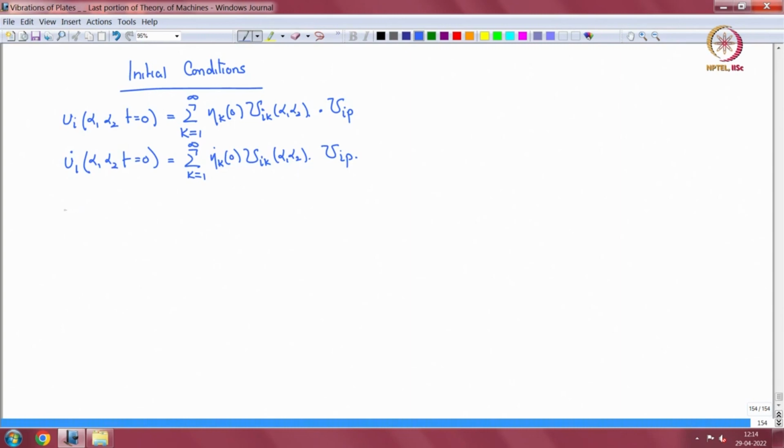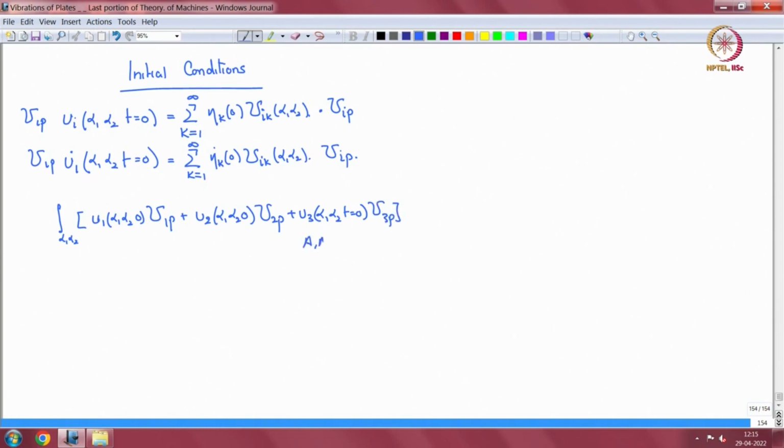We get integral alpha 1 alpha 2 of u1 alpha 1 alpha 2 at 0 times u1p plus u2 alpha 1 alpha 2 at 0 u2p plus u3 alpha 1 alpha 2 at 0 u3p, that is the left hand side, into a1 a2 d alpha 1 d alpha 2.